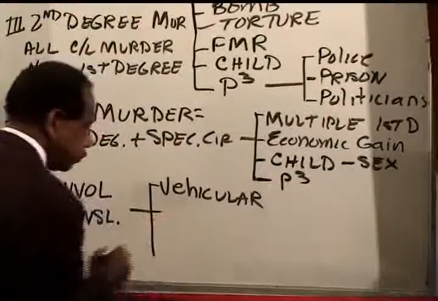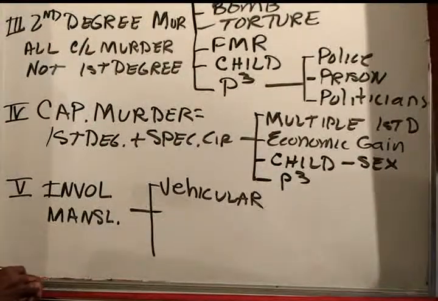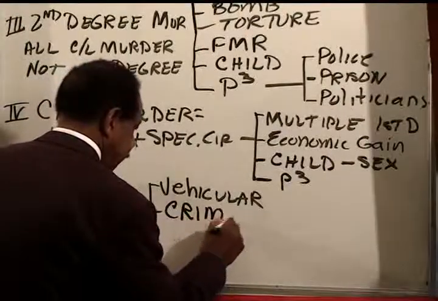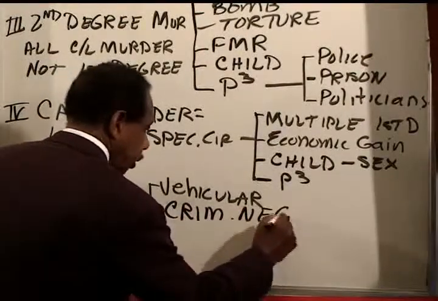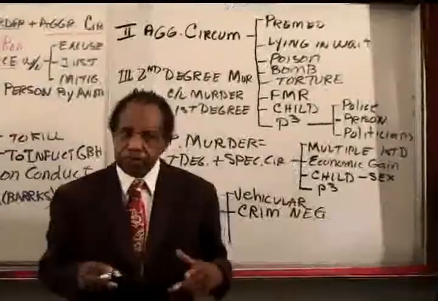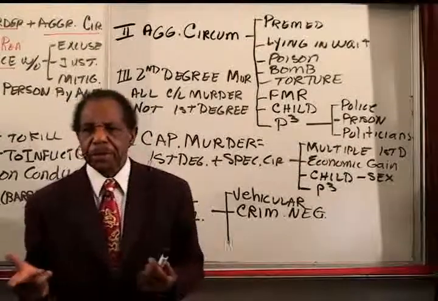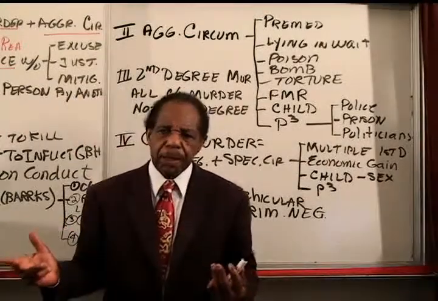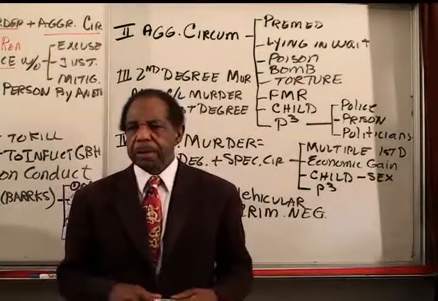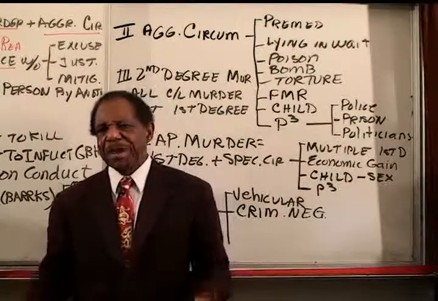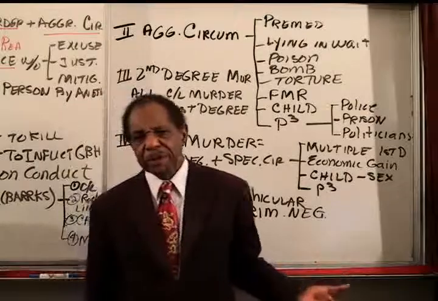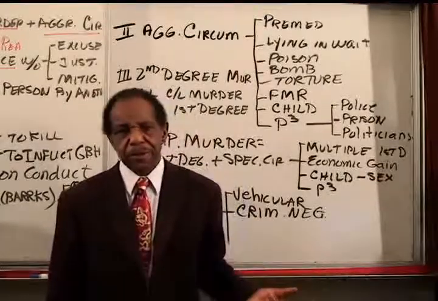Another way to get involuntary manslaughter is criminal negligence. Criminal negligence really occurs in situations where, for example, people are out hunting, and the bush moves, and they think that the animal they're hunting is behind the bush, and somebody shoots at the bush, and it turns out to be some person back there who gets killed because of that.